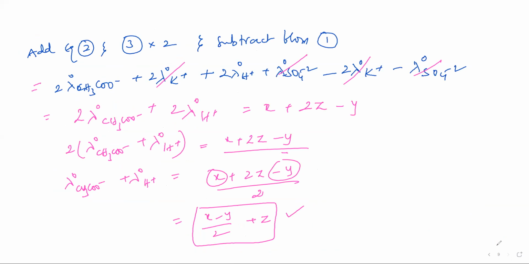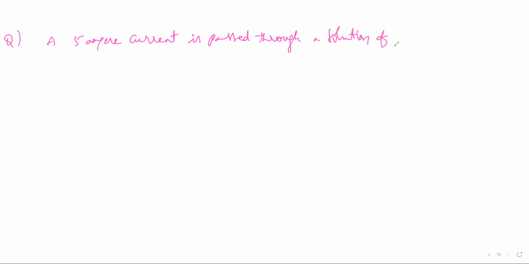Done. Move to next question then. Numericals only we are dealing, sir. So this is a 5 ampere current is passed through a zinc sulfate solution, sir, for 40 minutes.